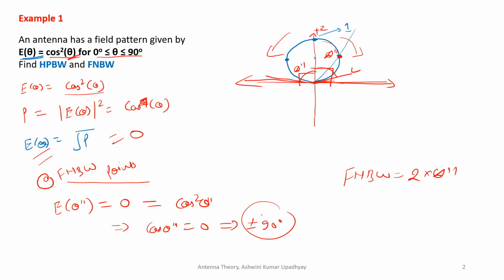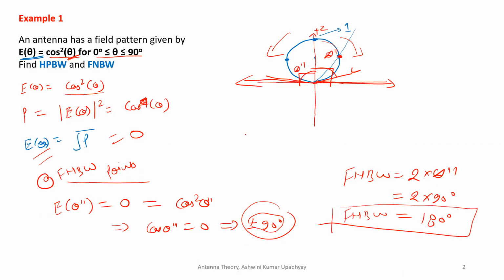Let us go with the positive sign, positive 90 degrees, because it doesn't matter if you write it as plus 180 or minus 180, or plus 90 or minus 90. So it will be 2 into 90 degrees, which is equal to 180 degrees. So your FNBW comes to be 180 degrees.